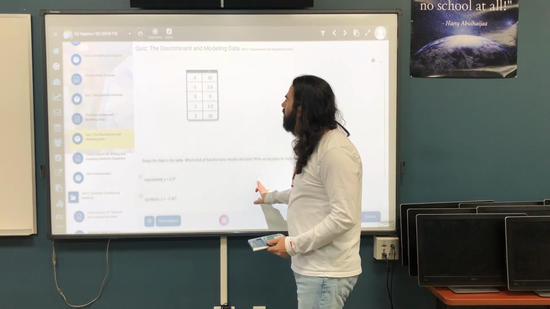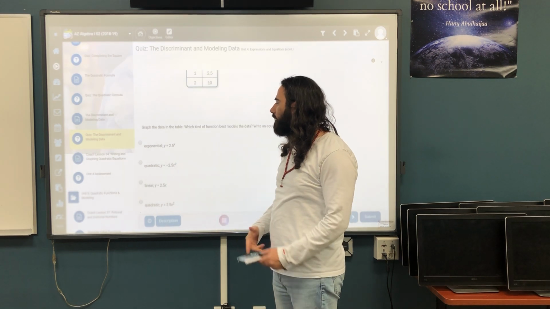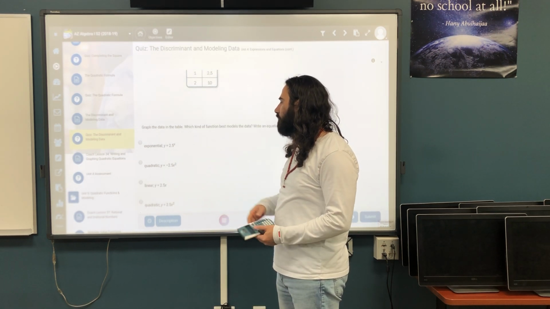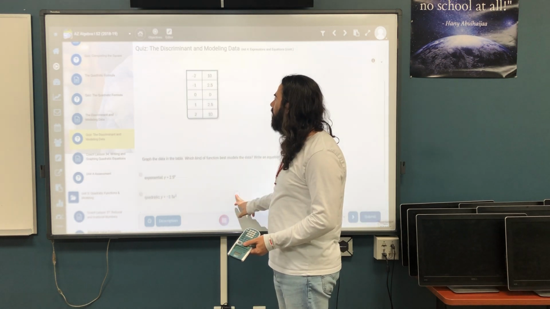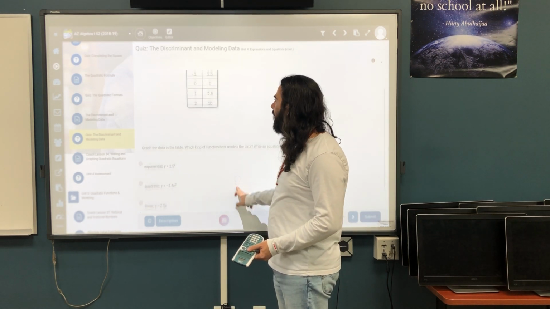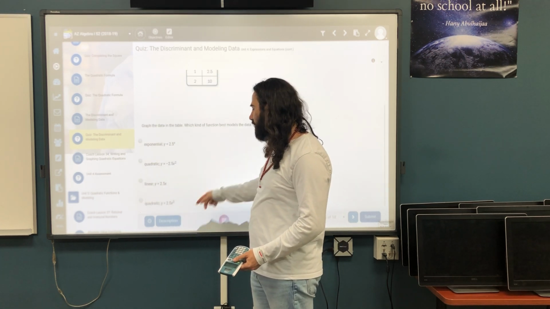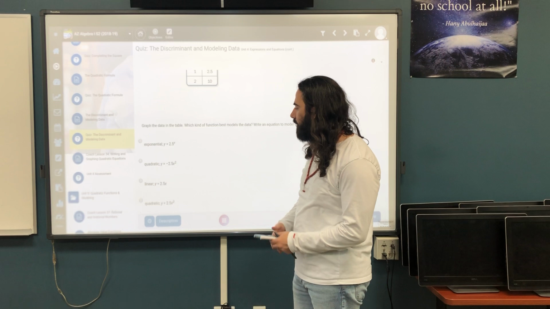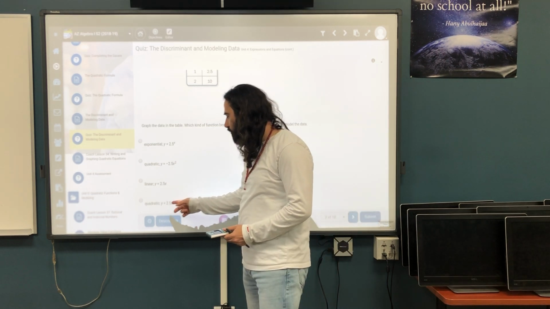Remember, -2 should give 10. Here, if you plug it in, it's going to be -10, which means no, of course it's not linear. And if you plug in -2, it's going to be 10. So the last one is actually the answer. It turns out that it's a quadratic equation.